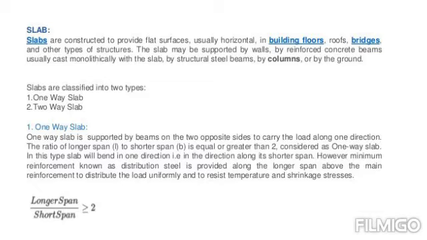However, minimum reinforcement known as distribution steel is provided along the longer span above the main reinforcement to distribute the load uniformly and to resist temperature and shrinkage stresses. Longer span by shorter span should always be greater than or equal to 2.